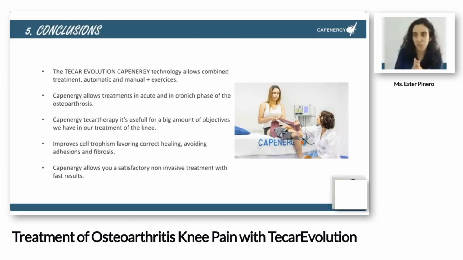It's sure that you have to work differently, because you have different objectives in both moments. Maybe in the acute moment you want to reduce pain more than to win strength, but it's important to work on both things. Another important thing is that Capener's TECAR therapy is useful for a big amount of objectives we have in our treatments of the knee.